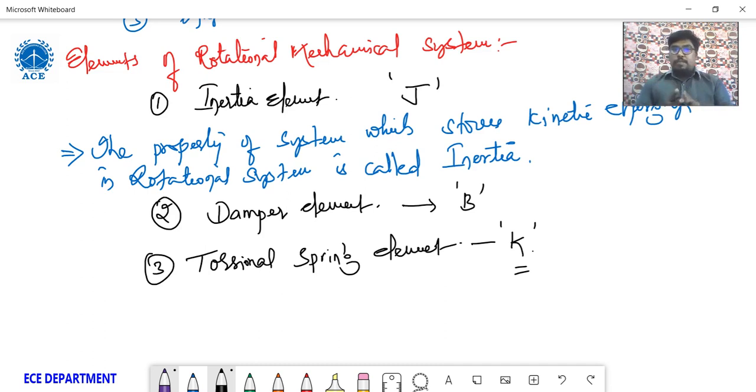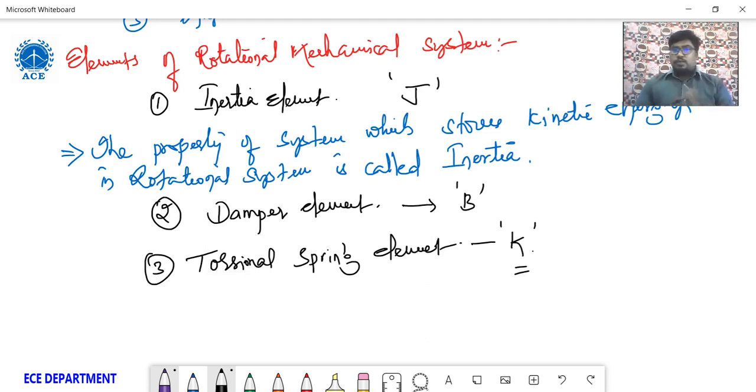The damper element consists of viscous friction, which is nothing but friction between a surface and a fluid. And the spring element has the property of elastic deformation, as we discussed in the translational mechanical system.